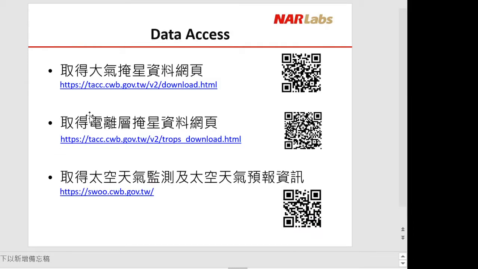The data through collaboration and validation has been put on the website already. You can get the radio occultation data for the ionosphere on the first website, and you can get the ionosphere data from the second website, and you can take a look at the space weather monitoring and prediction information from the third website.